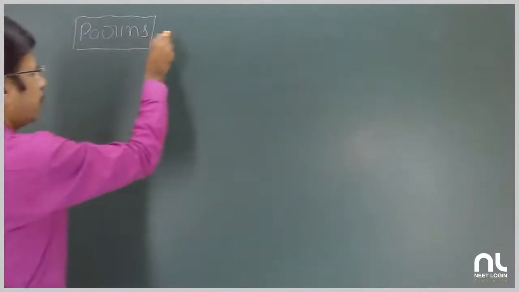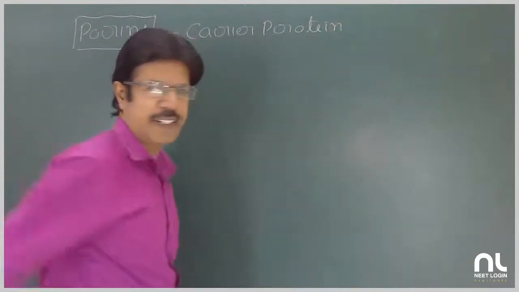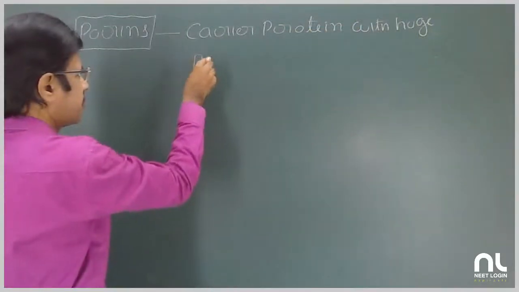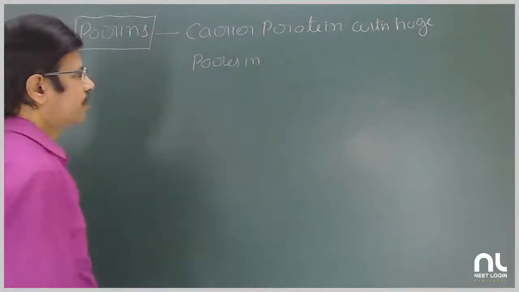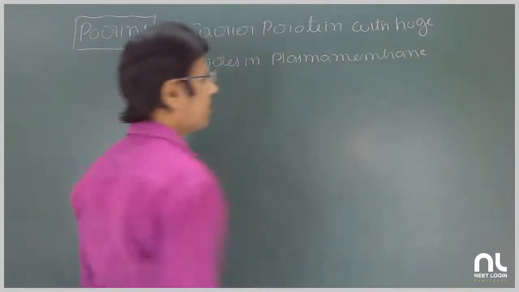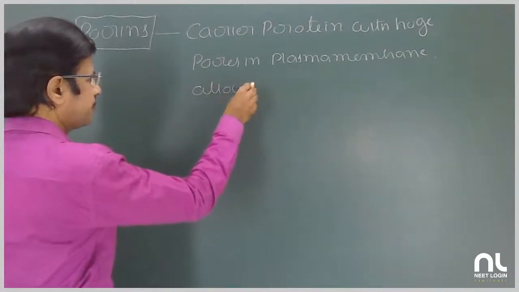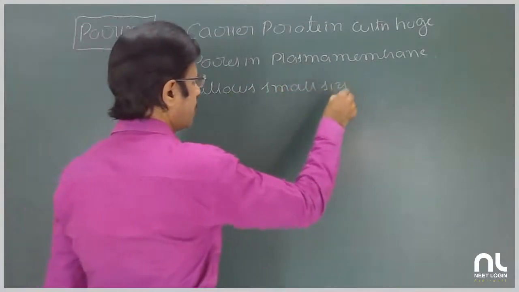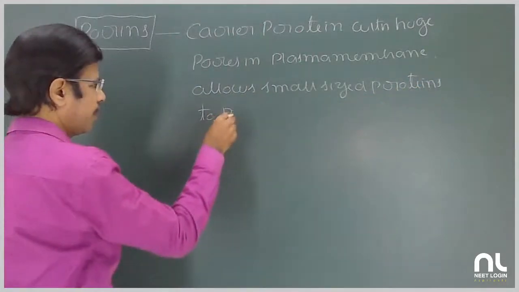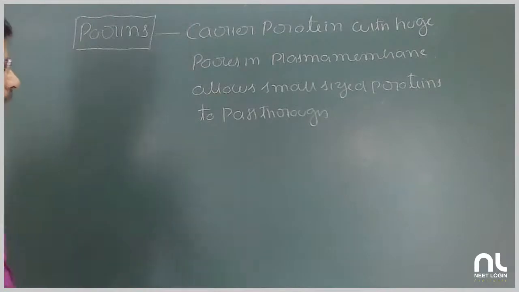Porins. The porins are carrier proteins with huge pores in the plasma membrane that allow small sized proteins to pass through.